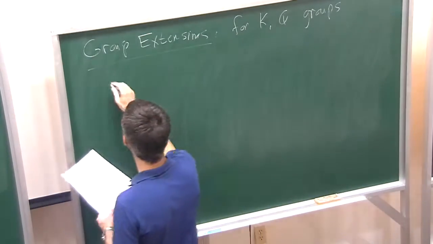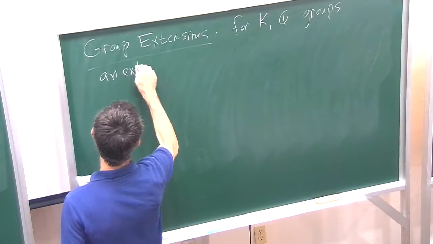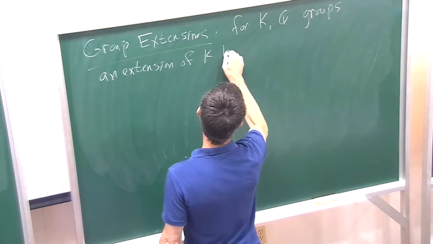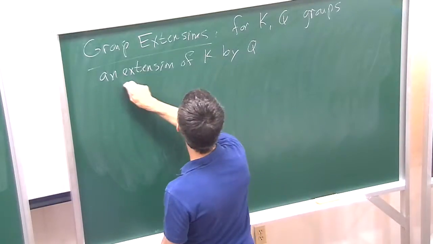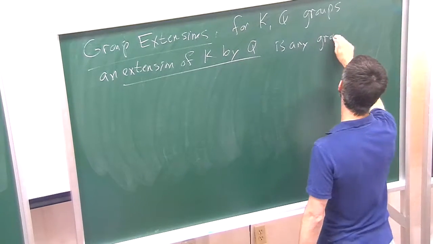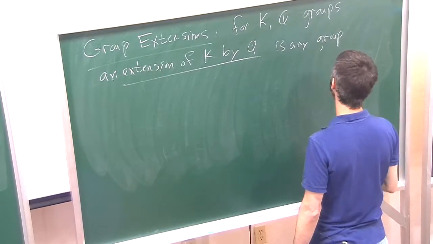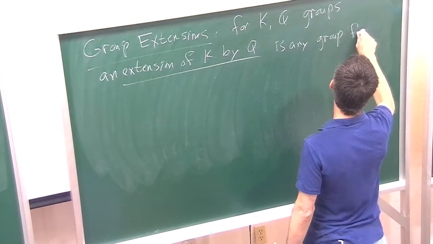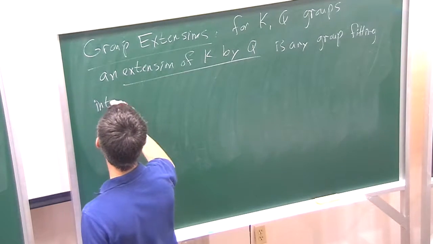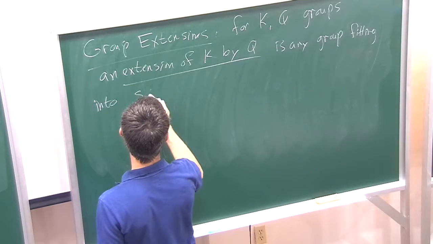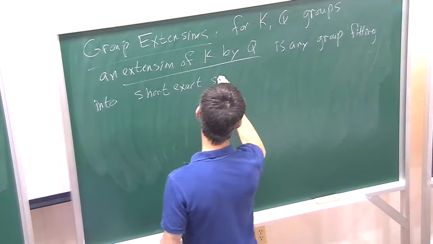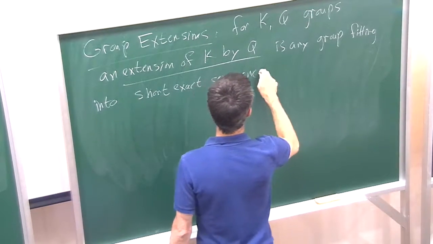All right, an extension of K by Q is any group G fitting into a short exact sequence as follows.